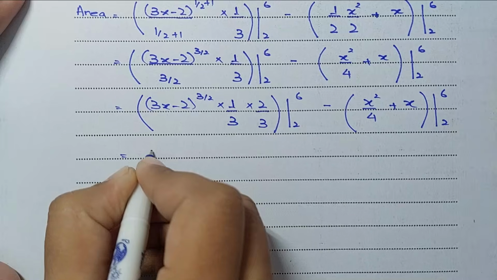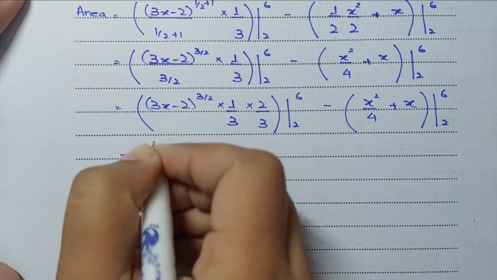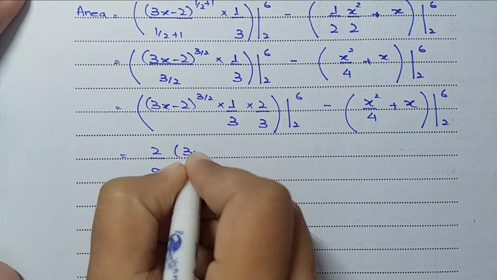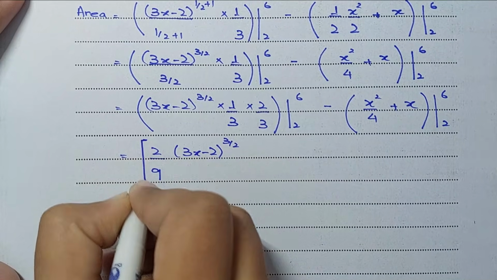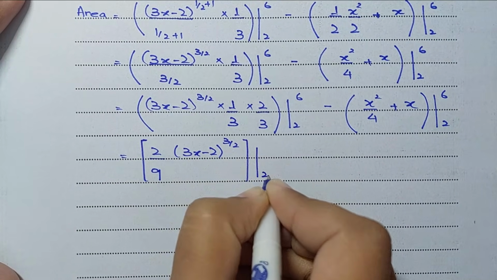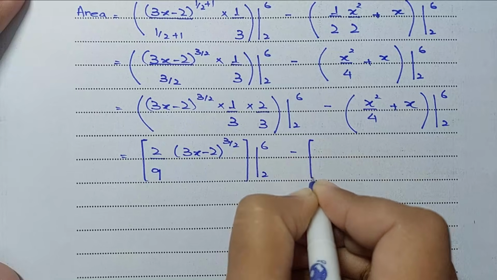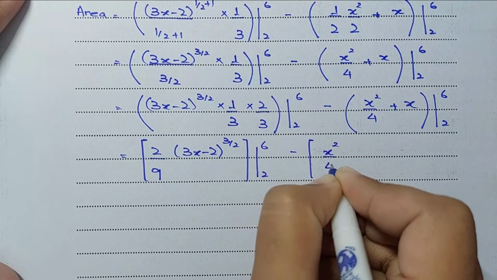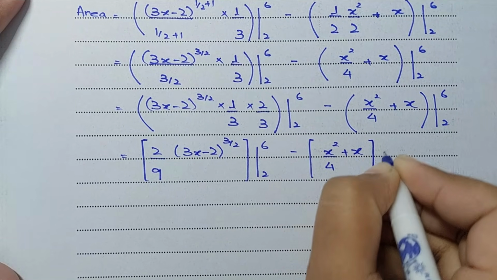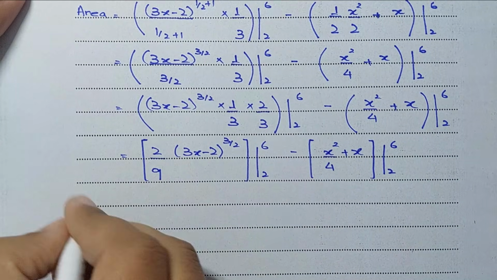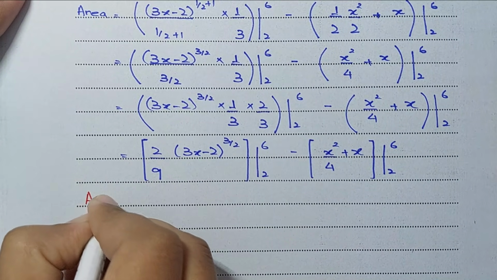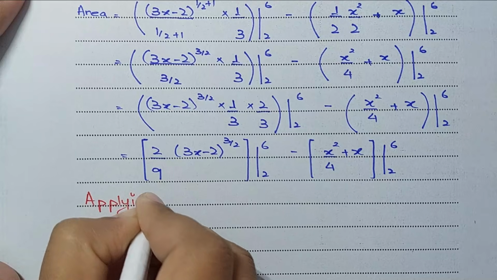So this is 2 over 9 times (3x minus 2) to the power 3 by 2, applying the limits from 2 to 6, minus x squared divided by 4 plus x. Now we can do the limits.